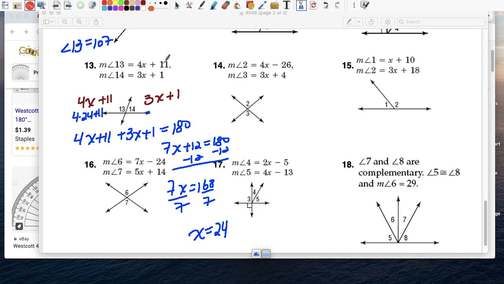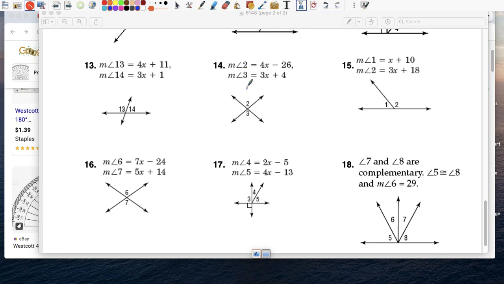Angle 14, which is on this side, is 3x plus 1. So we know what x is, so it's 3 times 24 plus 1, which is 73. So angle 14 is 73. Now notice that when I add 73 to 107, I get 180, which is what this was to begin with.